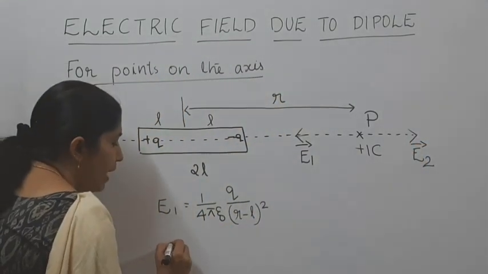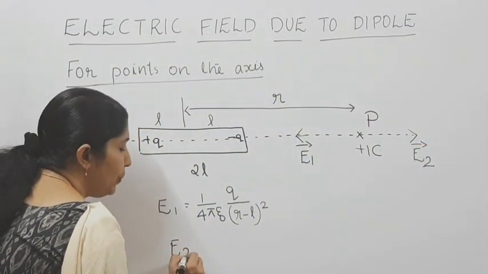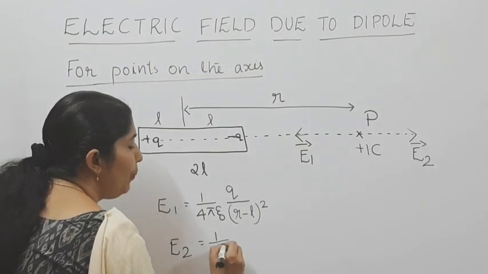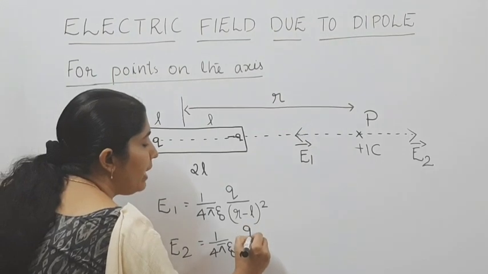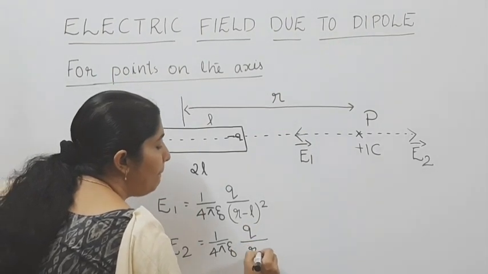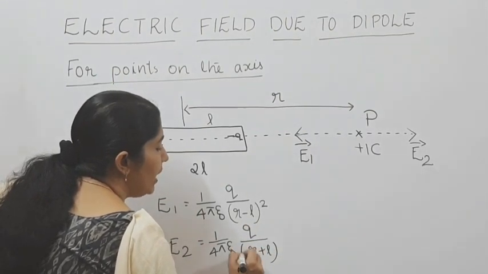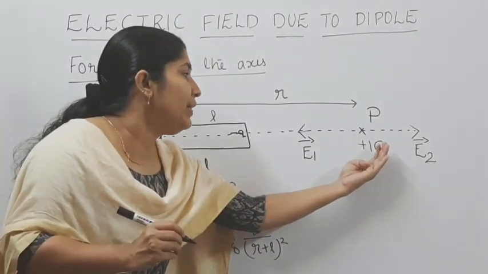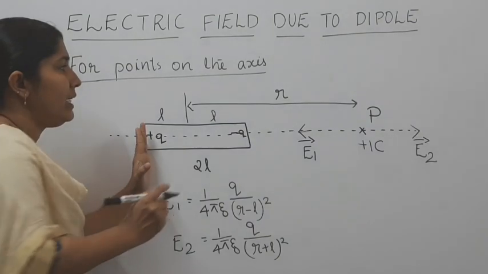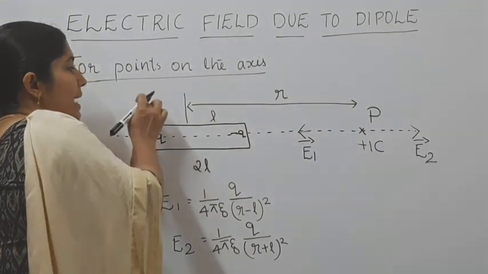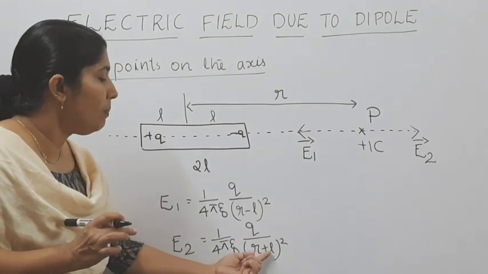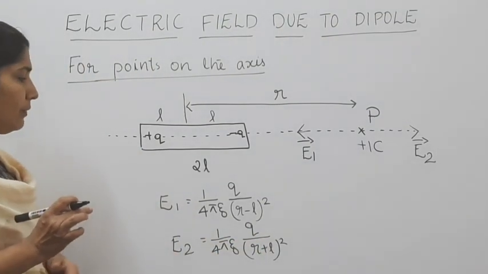Then what about the value of E2? E2 is equal to 1 by 4 pi epsilon 0 into q divided by (r plus l) the whole square. The distance from P to the plus q charge is r plus l.